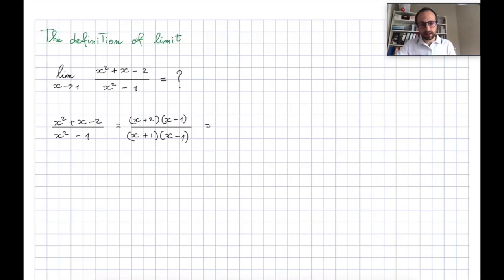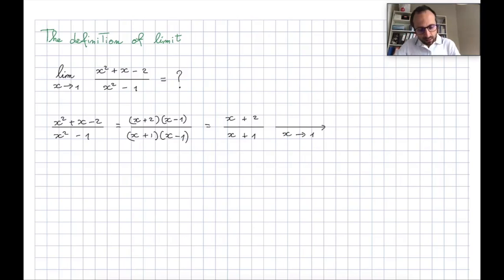And then the x minus 1 can be simplified, and so we obtain x plus 2 over x plus 1. And so now a limit here can be guessed. So this converges as x goes to 1.